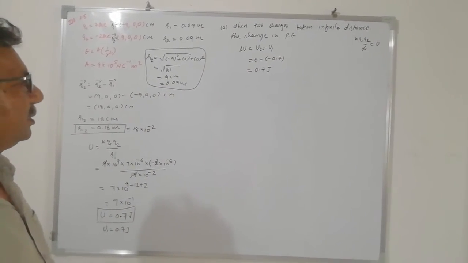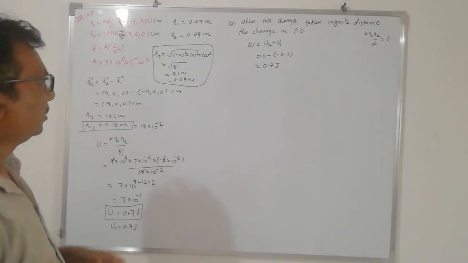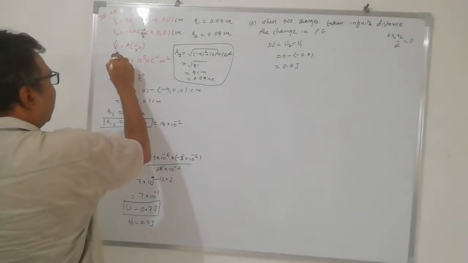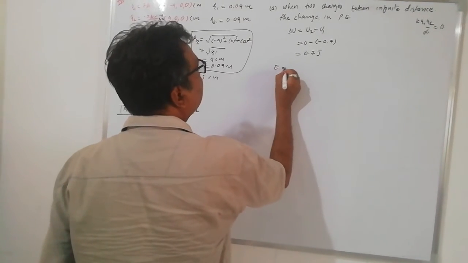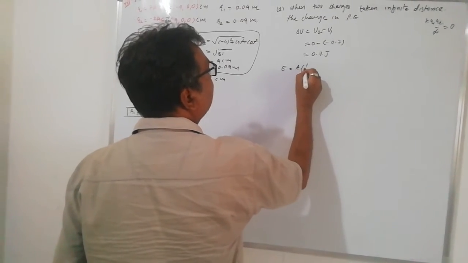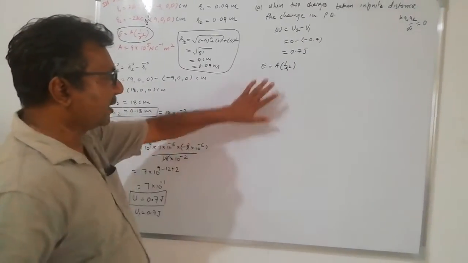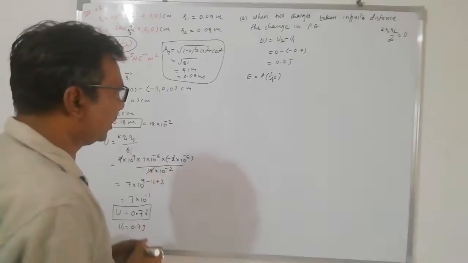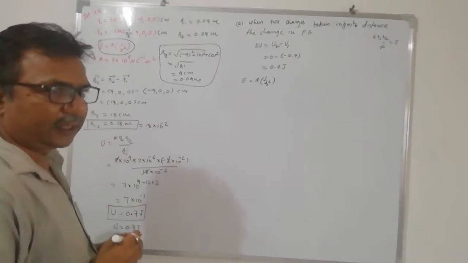Then after that you have to find out the total. Suppose you have electric field E is equal to A in bracket 1 upon R square. Electric field is present there. If electric field is present there, that means the formula for the potential energy will change.